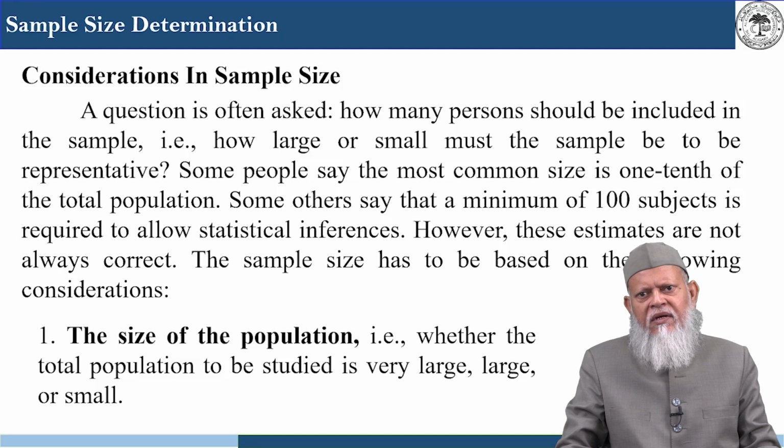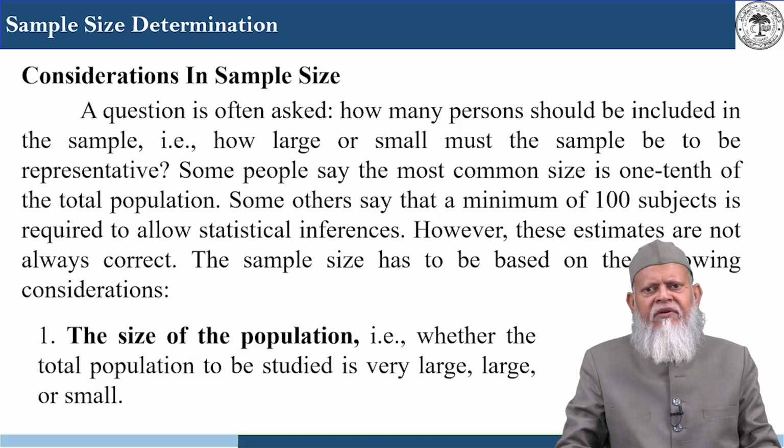Now, we come to the study of the satisfaction level of students in a department. This may be considered a small population, because in a department, if there are 300, 400 students, then it must be considered a small population.